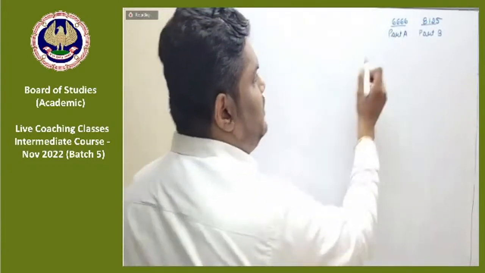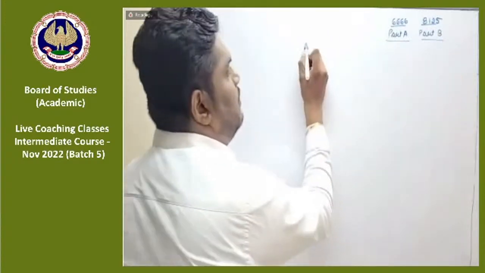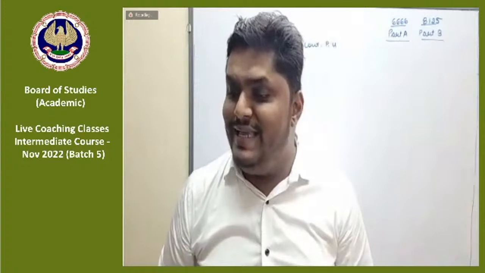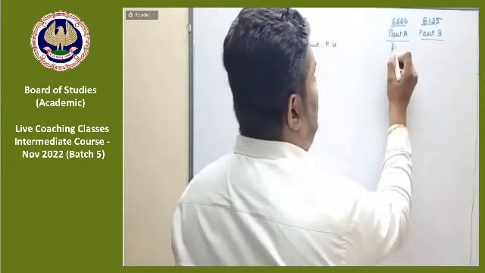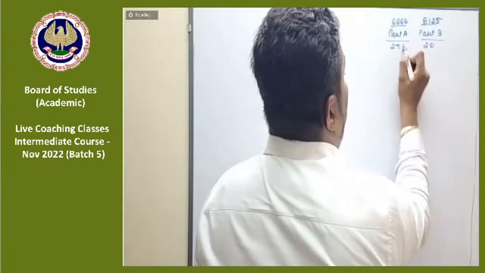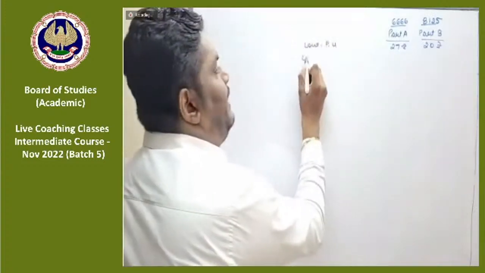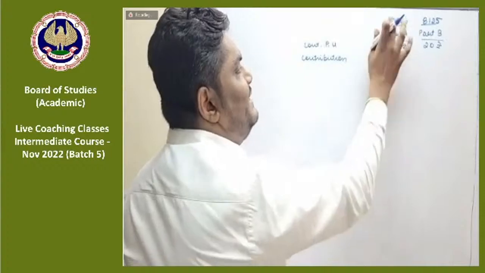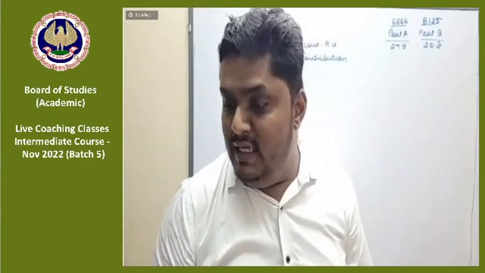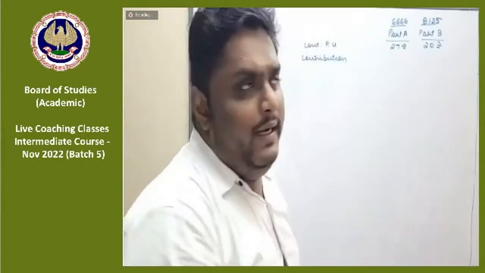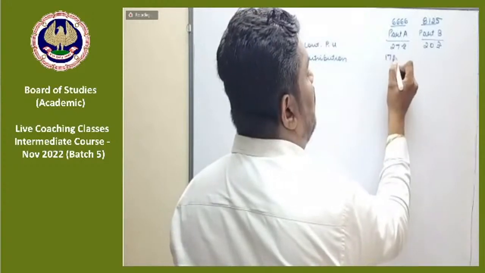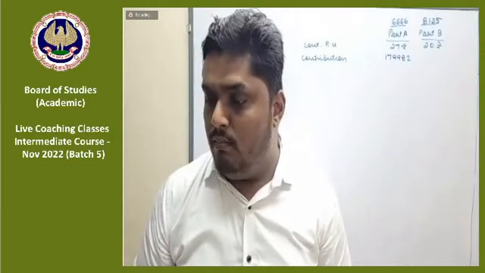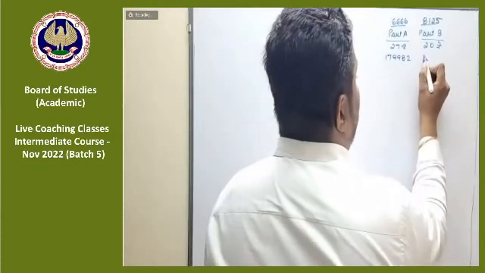So the contribution per unit as calculated in the solution is 27 and 20. And the final contribution that is given is 27 into 6666, that is 179,982, and 1,62,500.